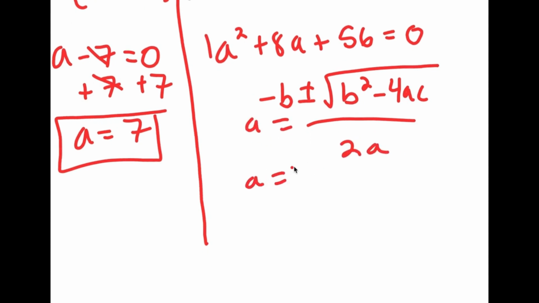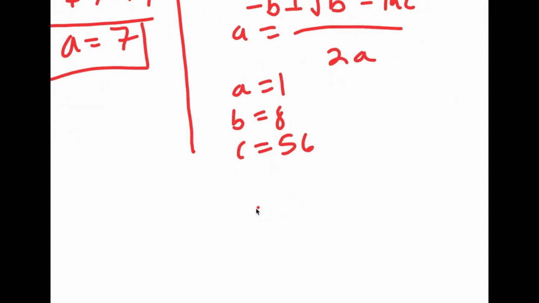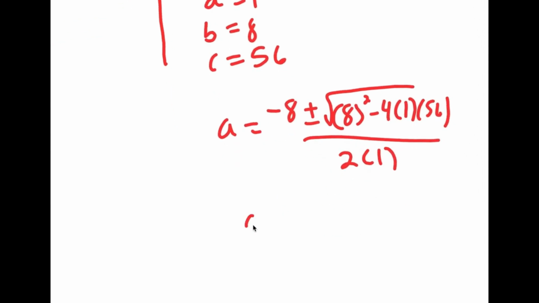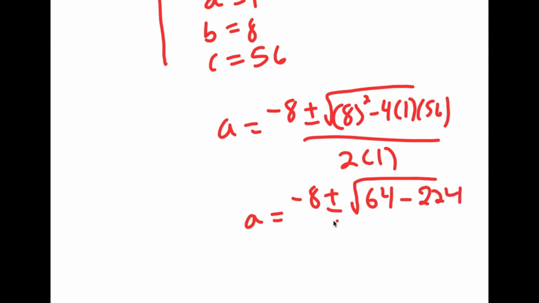So in this case, a is 1, b is 8, and c is 56. So I get a is equal to negative 8 plus or minus the square root of b squared, so 8 squared, minus 4 times 1 times 56 all over 2a. And this is equal to negative 8 plus or minus the square root of 8 squared, which is 64, minus 4 times 56, which is 224, all over 2.